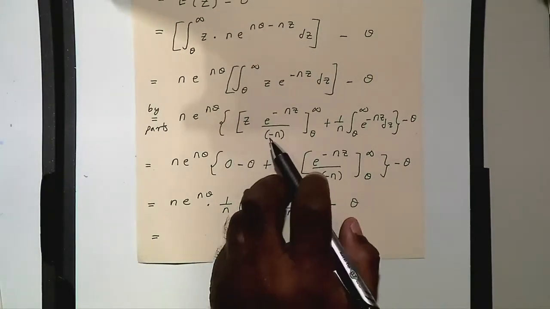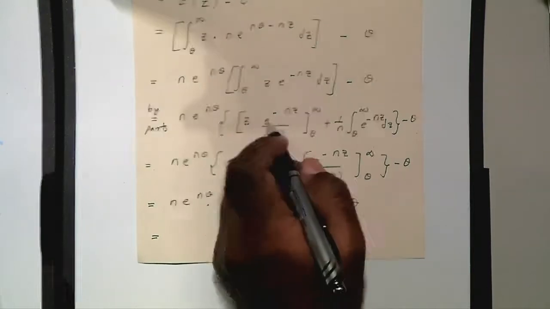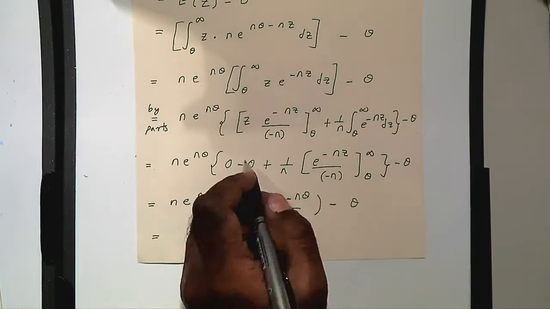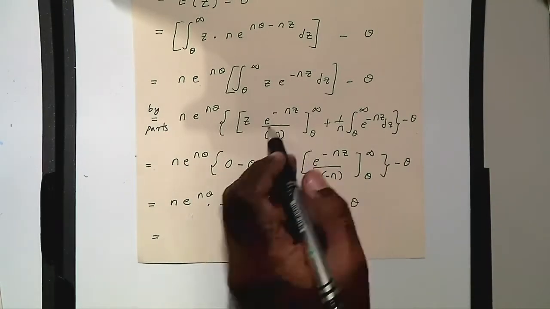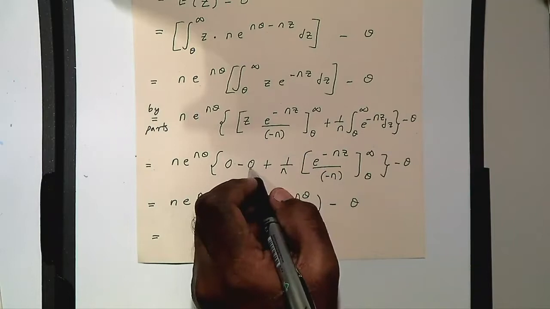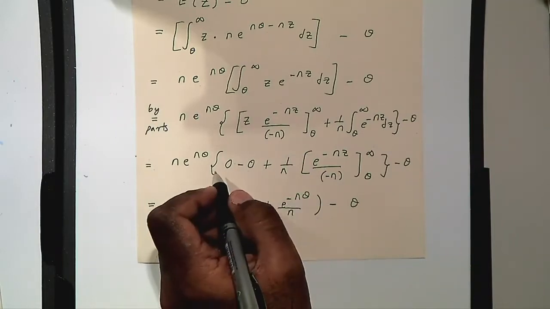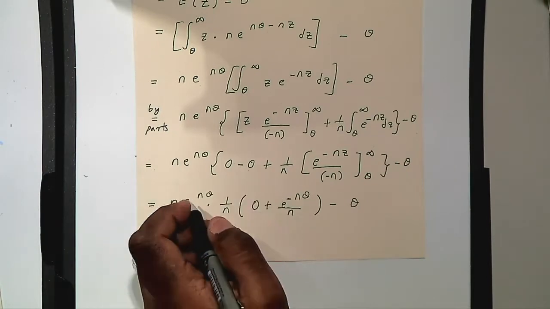Did I do this right, guys? I mean, sorry, I think I made a mess up. Did I do this right? I've been checking my calculus, sorry. I think the limit at infinity is 0, right? And the limit at theta is not 0. So it's going to be, sorry, man.